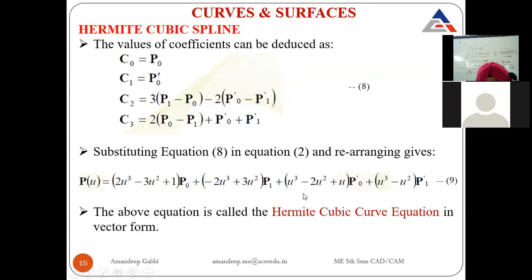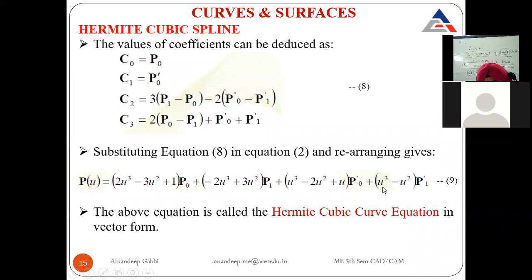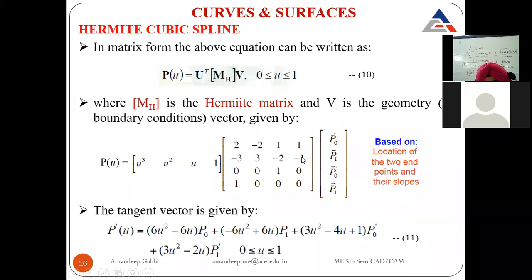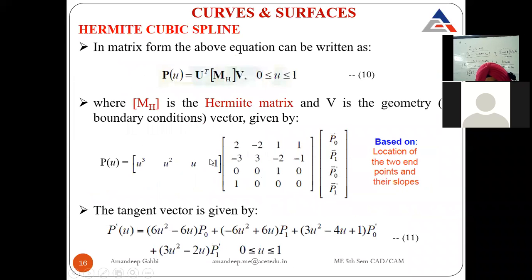Similarly, U cube, U square and U. 1 is the value for this, minus 2 is the value for this, and 1 is the value of this. Minus 1, minus 2, 1, and 0 for this. And U cube, minus U square, 1 and minus 1, 0, 0. So you are converting this equation into matrix form.